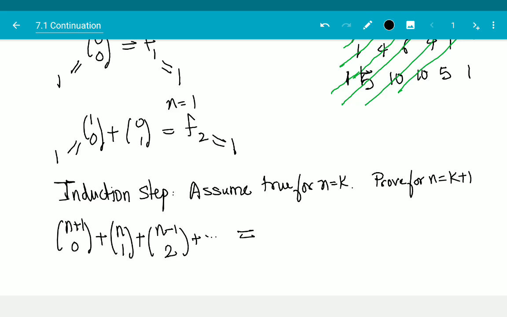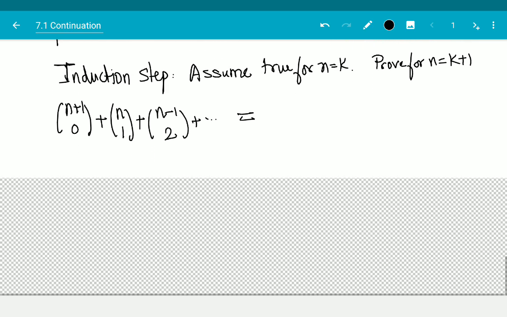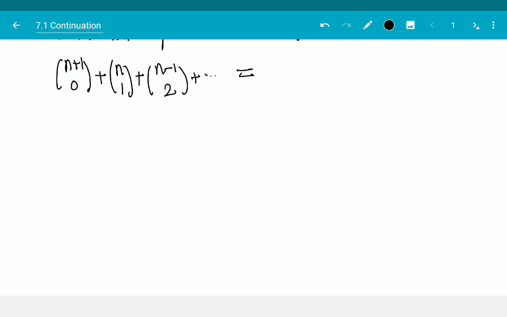I want to show what exactly this is, right? And the idea is I will have to use Pascal's identity, right? So what is Pascal's identity? Looking back at our notes, Pascal's identity says n choose k is equal to n minus 1 choose k minus 1 plus n minus 1 choose k, right?